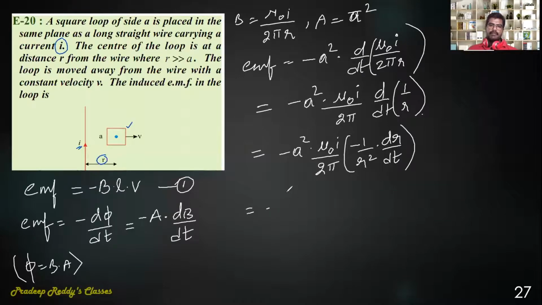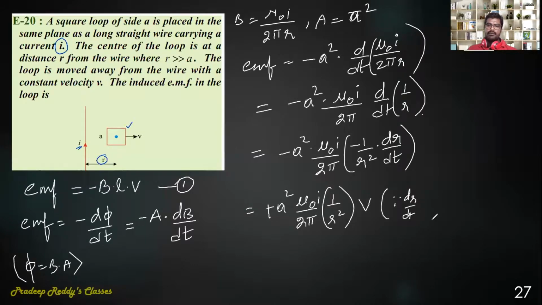It is minus A square mu naught I divided by 2 pi into minus of minus will become plus 1 by r square into dr by dt, which is rate of change of position of the coil. So that is velocity v, since dr by dt is equal to v. So EMF finally induced within the circuit is equal to mu naught I A square divided by 2 pi r square into velocity v. This is the final expression for EMF produced in the circuit.